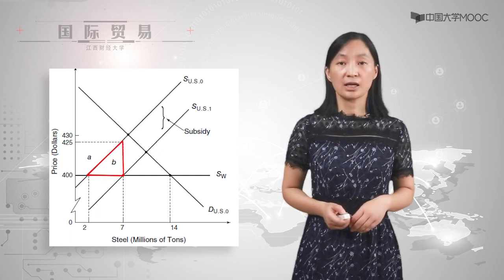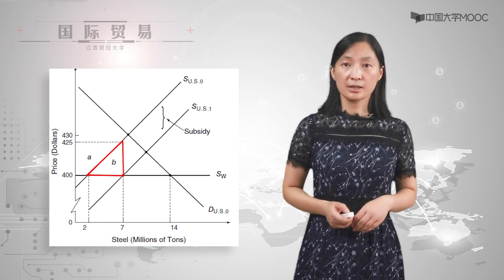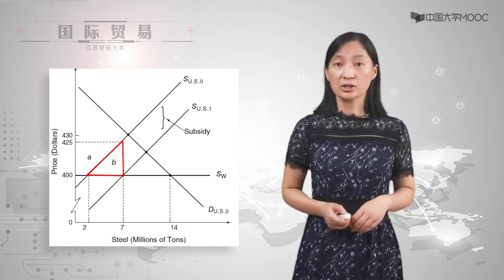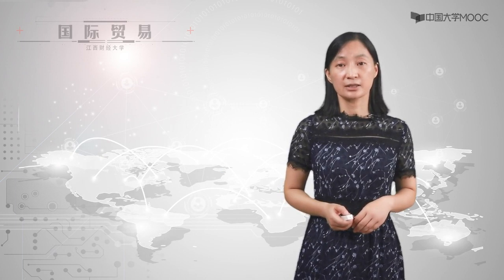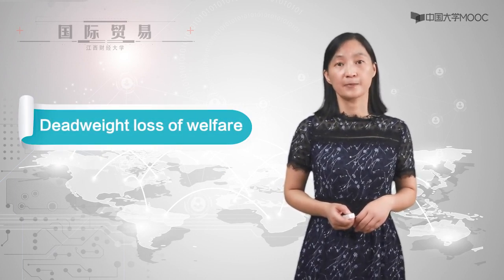This effect is denoted by area B. The domestic production subsidy doesn't have an effect on the U.S. consumers. To the United States as a whole, the protective effect represents a deadweight loss of welfare.